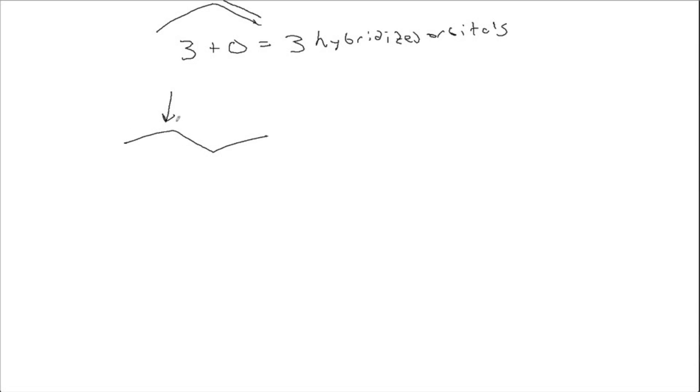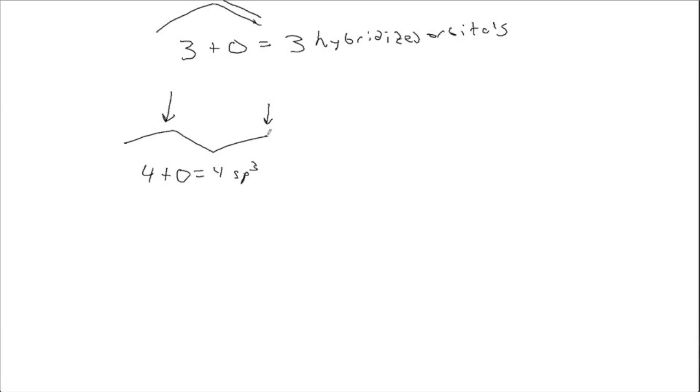So now it's your turn. What's the hybridization of this carbon? sp3. Good. How many attached atoms? 4. And how many lone pairs? None. So it's sp3. Good.